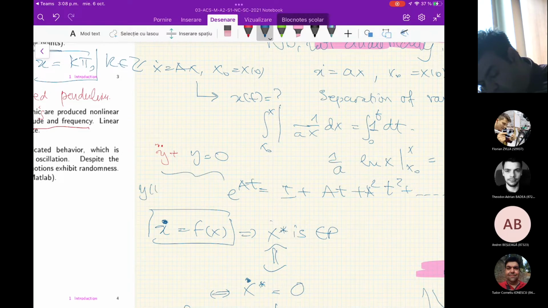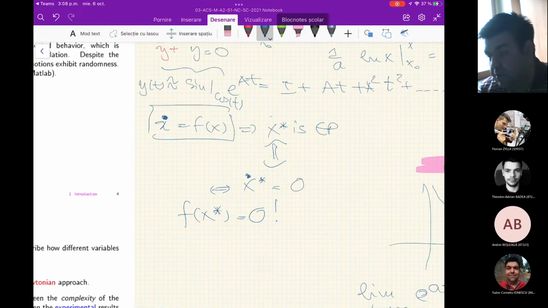That means that y of t is something such as sine or cosine t. You can easily do the computation using Laplace transform.